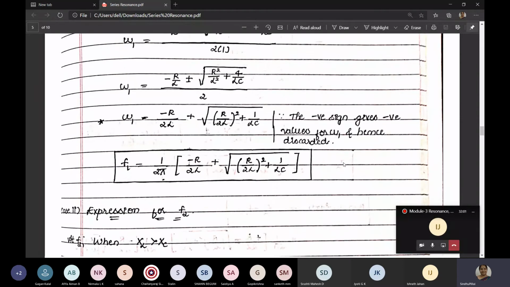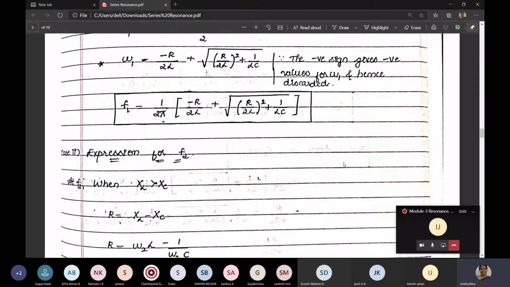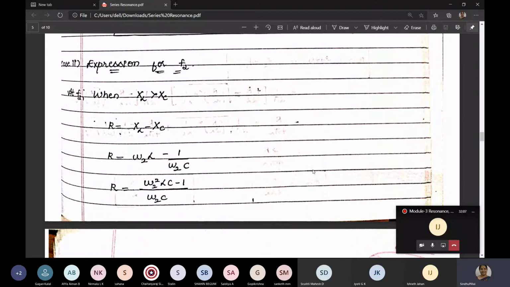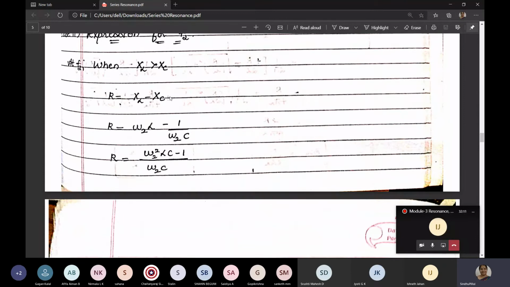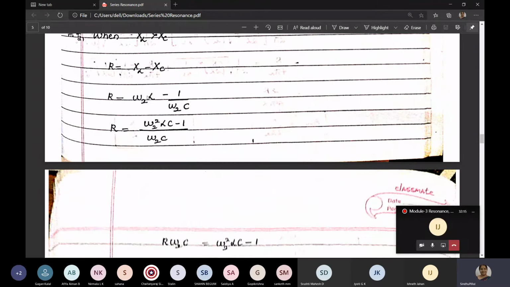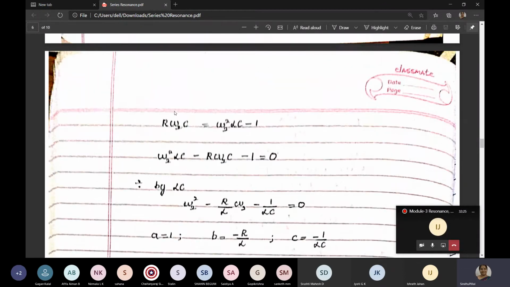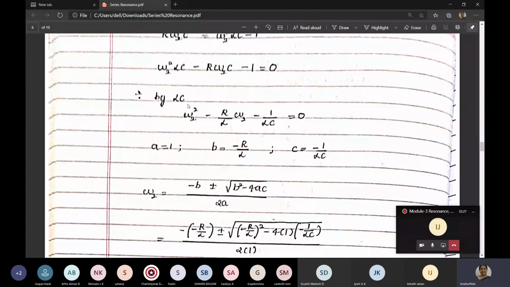The same steps will be followed for the expression for f2. In f2, we know XL is greater than XC, so XL should come first. So R is equal to XL minus XC. In terms of omega 2, you have to write omega 2 L minus 1 by omega 2 C. Next, as usual take the LCM, rearrange the terms, and divide by LC.